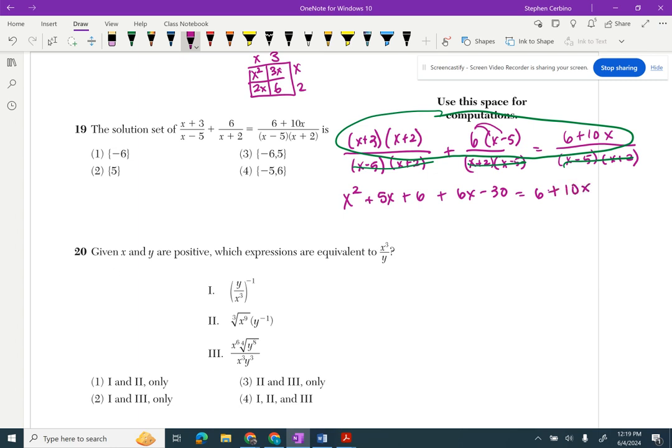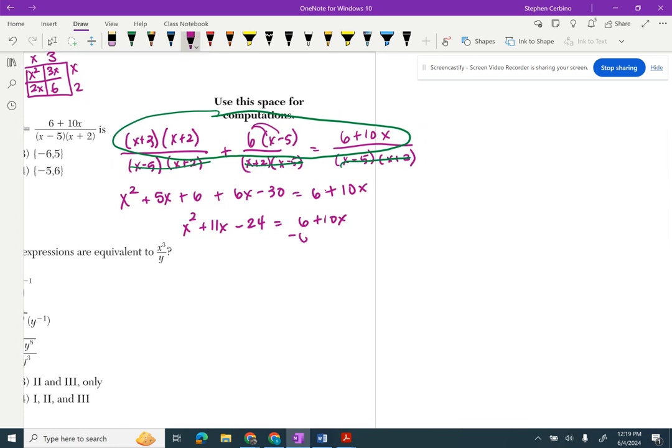Now to solve this, I see that it has an x squared in it. It's quadratic, so I want to make it equal to 0. So I want to clean the common terms up and move the 6 and the 10x all to one side. So we have x squared plus 11x minus 24 is equal to 6 plus 10x.